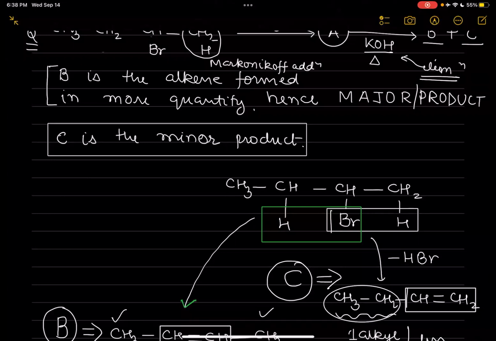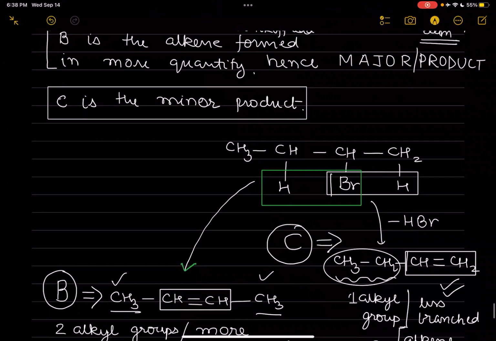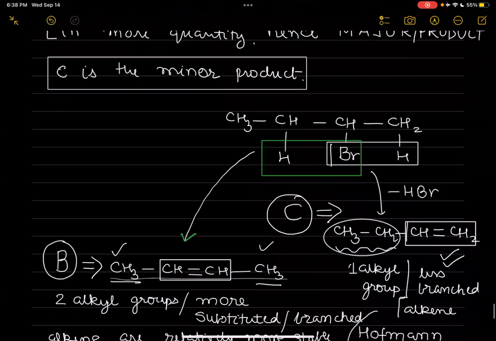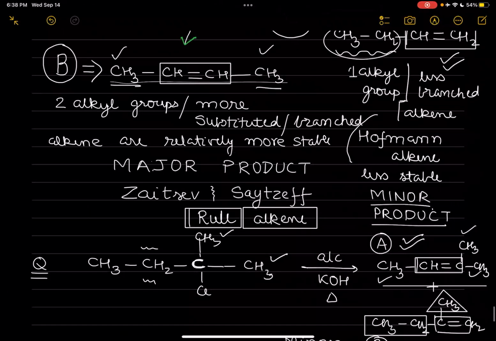So that's how we get the eliminated product, and that eliminated product is alkene, right? So that's what we discussed. And suppose you have two options to make alkene, suppose the Br is in the middle. Where will you make the alkene?